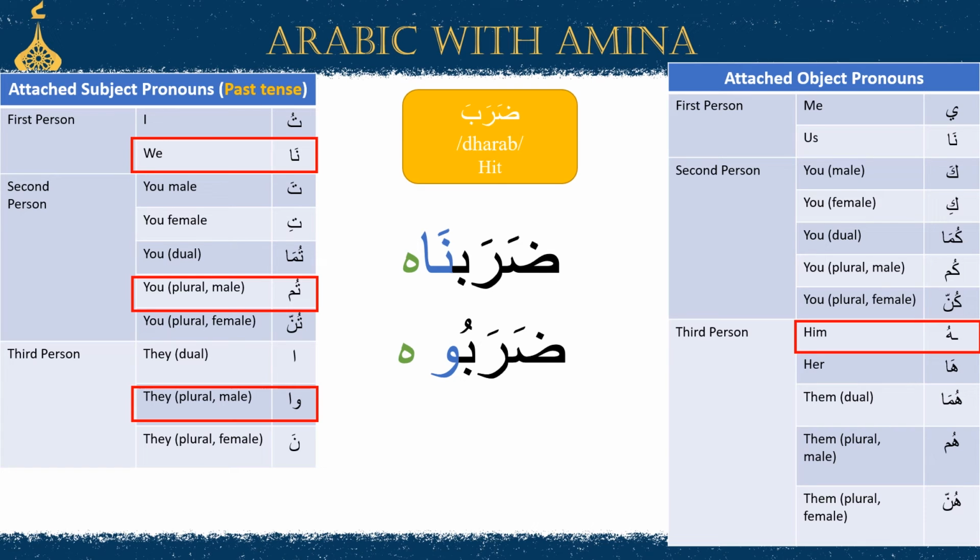So you hit him, add the tamim, ضربتم, and then add the ha, which is him, ضربتمه. Now, unlike the previous exception, we are not going to remove a letter, and instead we are going to add one. So between the subject pronoun and the object pronoun, we are going to add the letter waw. So the word becomes ضربتموه. And those are our only two exceptions to this rule.